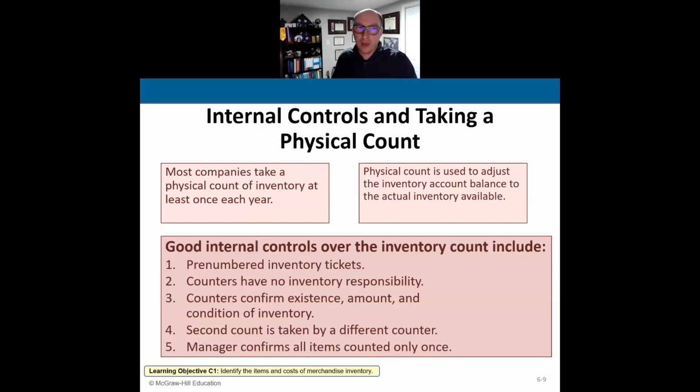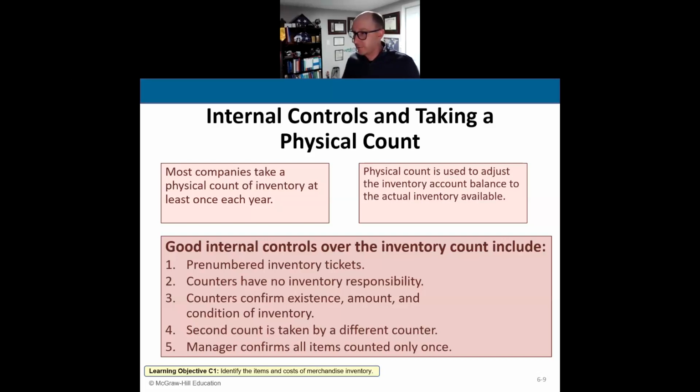And so that physical count, the idea here is that we're comparing that to what we have in our accounting system, in our register system, whatever, our accounting system. We're comparing what we have in our accounting system to what we actually have on our shelves. If there's a difference, we need to make an adjustment, do an adjusting entry.